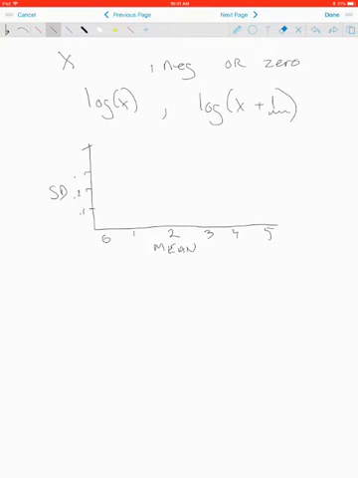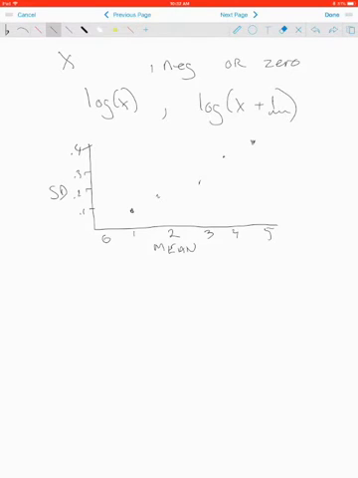I'm going to calculate the mean and the standard deviation of each of those groups. If you plot those, so group 1 is here, group 2 is over here, group 3 is here, group 4 and group 5.